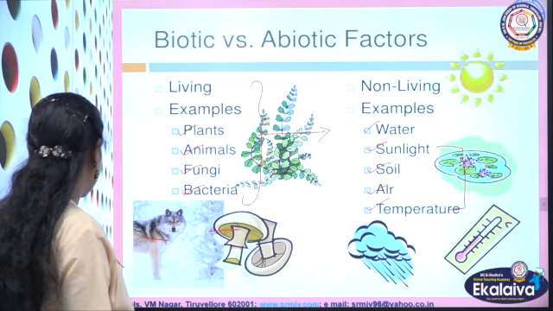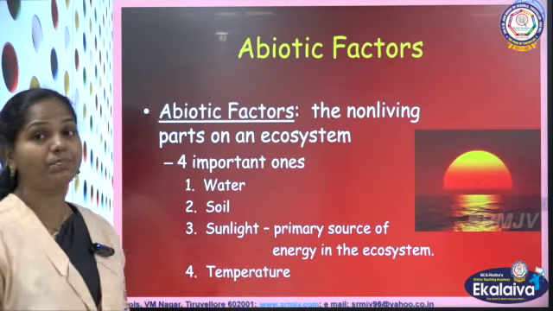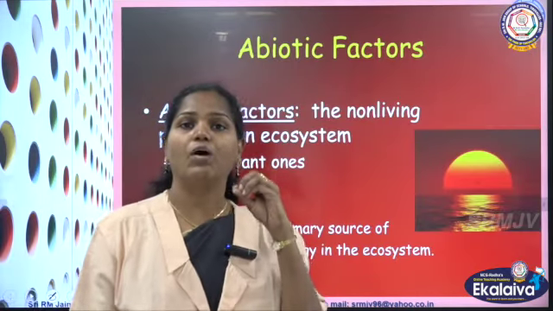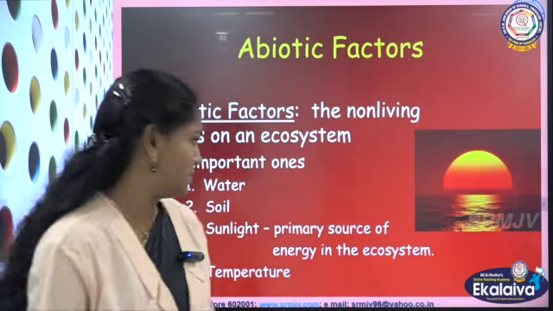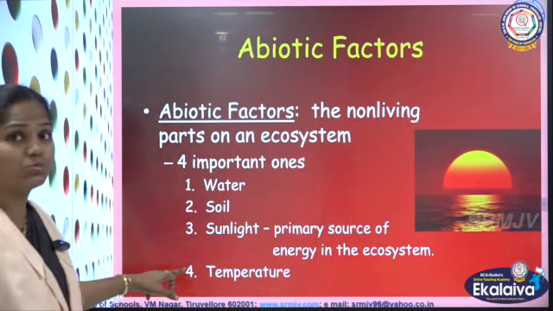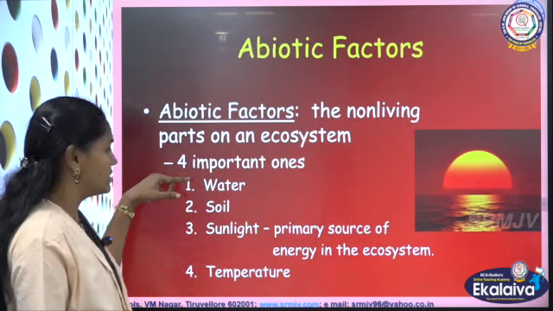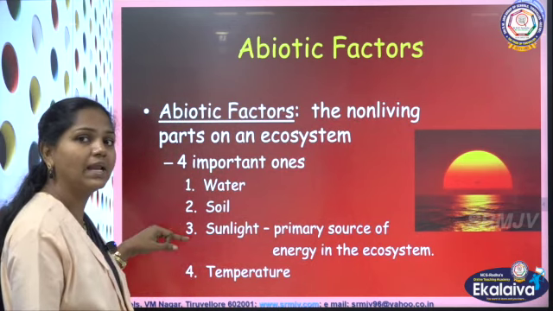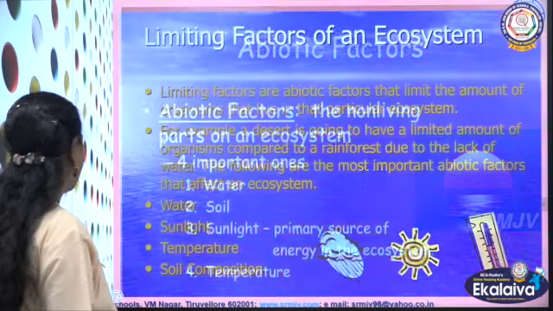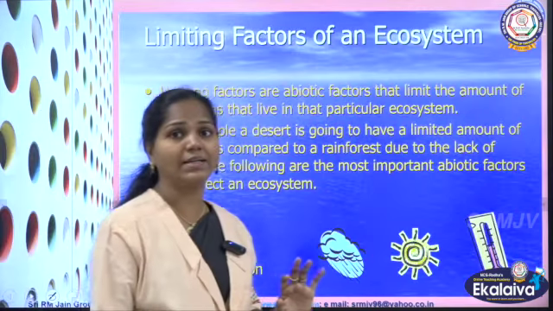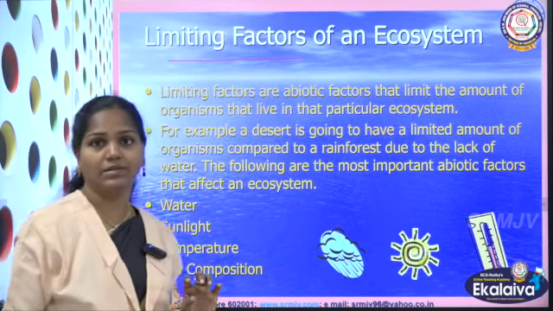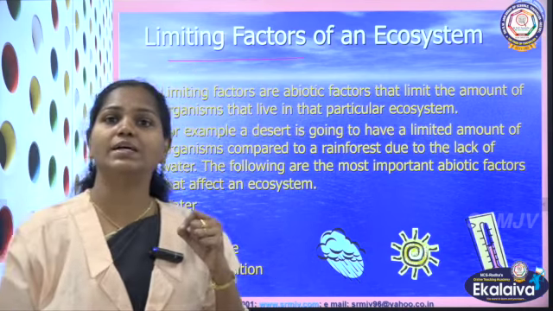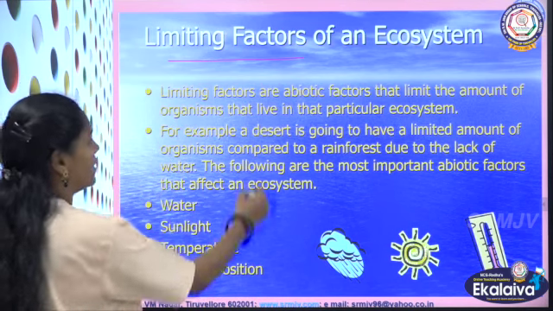In this video we are going to discuss the role or impact of these important abiotic factors. These are the four things we are going to discuss: water, soil, sunlight and temperature. These four factors we can call limiting factors. Why are they called limiting factors?